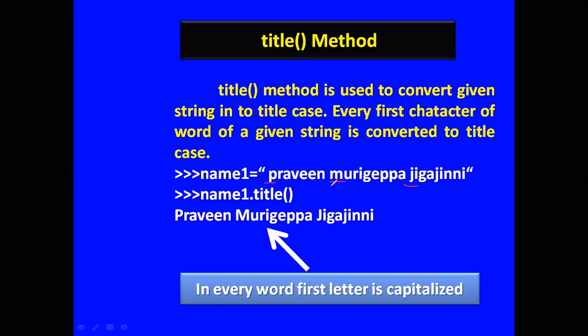So here Praveen P, Murgipa M, and Jigajini J will be capital, because that is what the title case is going to do. The first alphabet of all the words is going to be capital.